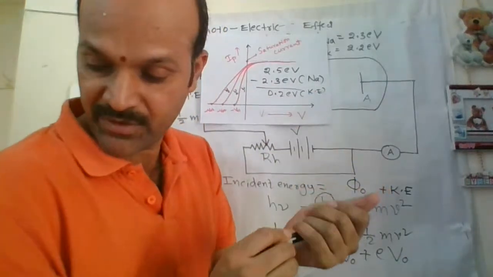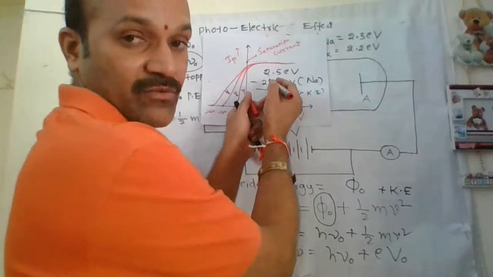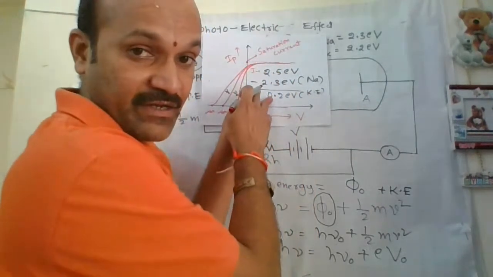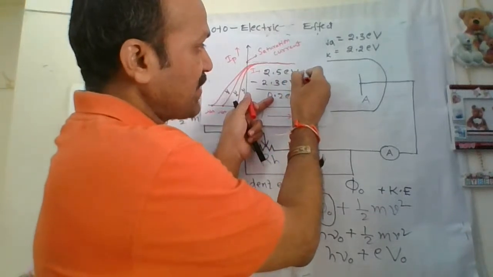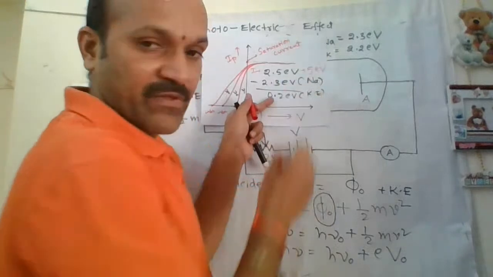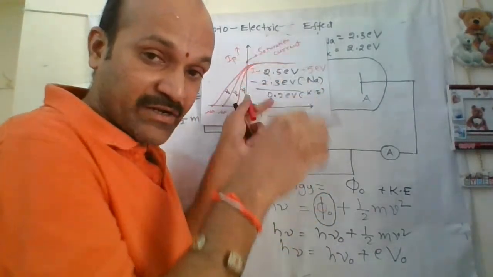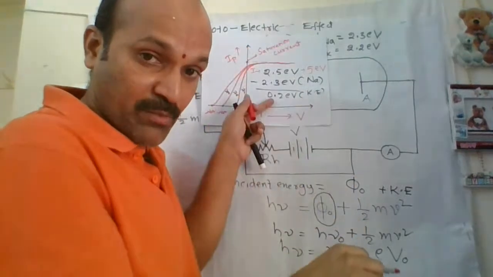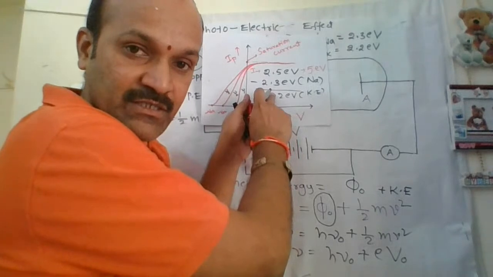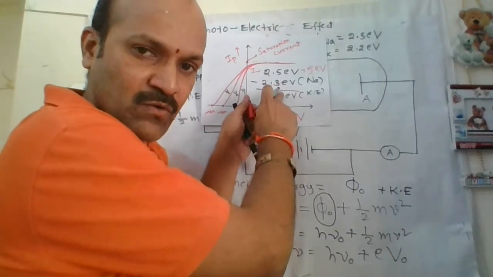Now I increase this value, the incident radiation. Now I am varying this value. I am changing this value to, for example, 5 electron volts. So 5 electron volts incident radiation is made incident on photometal sodium. What is the energy it absorbs again to emit the electrons? 2.3 electron volts only.